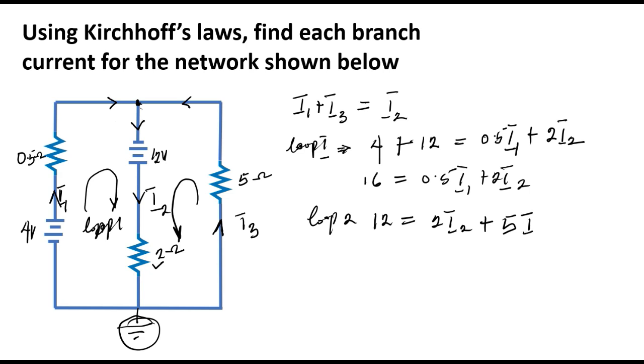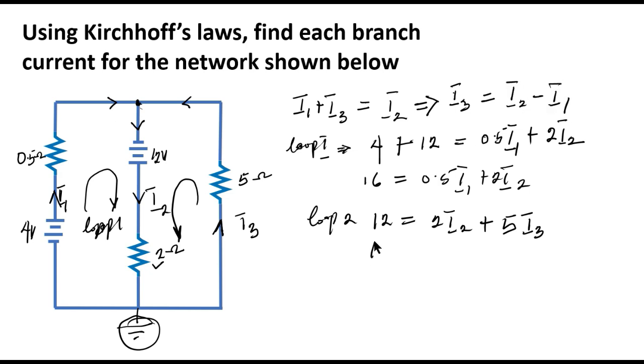But I don't want to use I3 since I'm just going to use two equations to make things easier. I can get my I3 from my current law here, so that I3 will be the same thing as I2 minus I1.